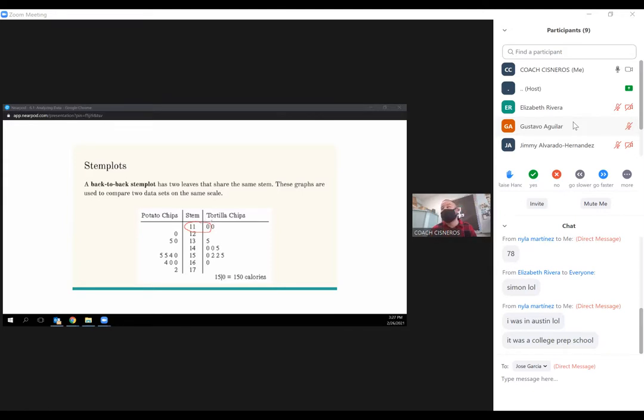How many 110s are there? Not 12. There's two. Look at this key right here: 1 5 with a line and a 0 means 150. So the stem means this is 110, and there's two 110s. So there's two bags that have 110 calories.